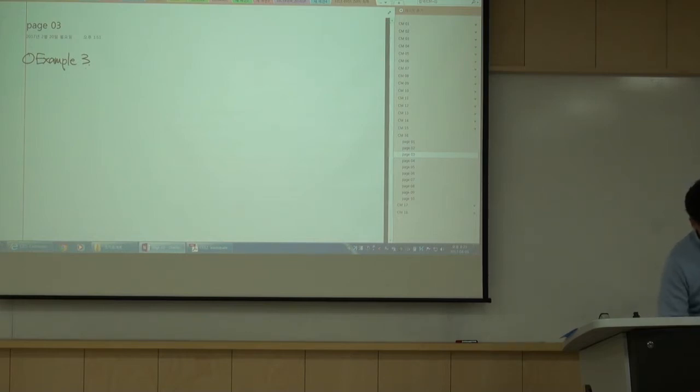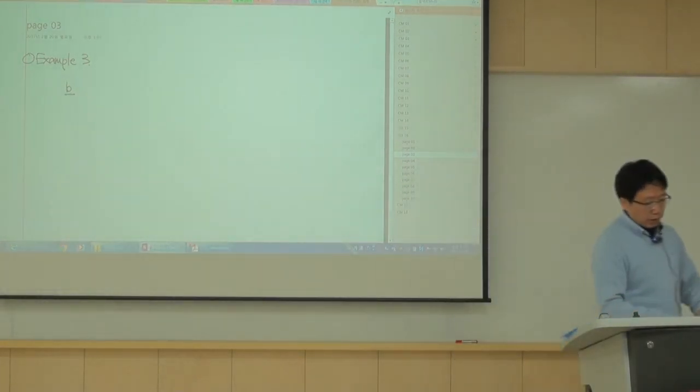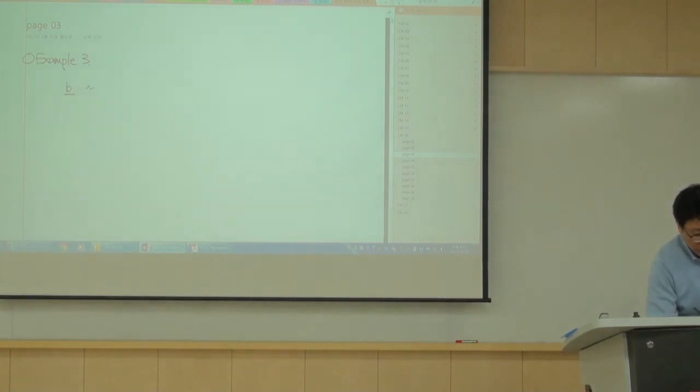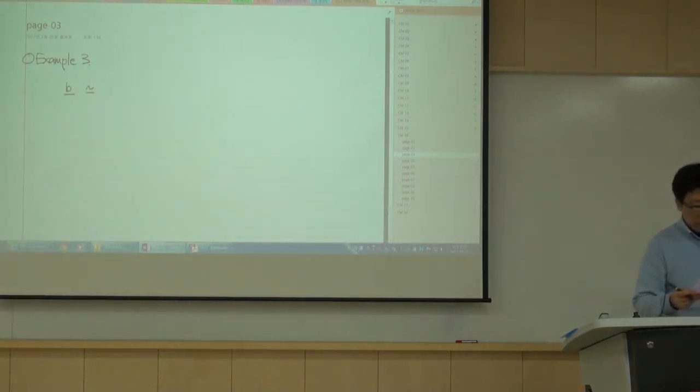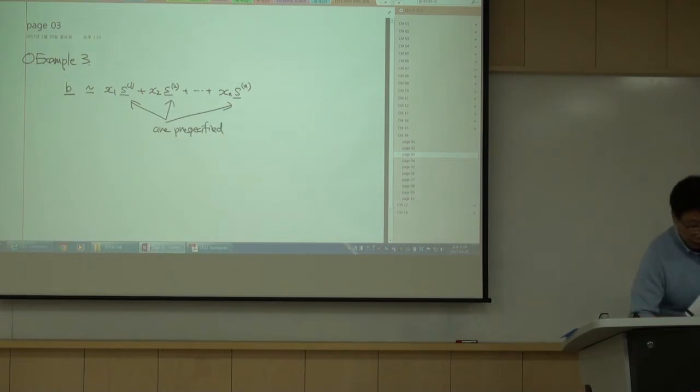So again, now the difference is that you are given a vector b, and what you want to do is approximate this vector using N vectors like this: x1 s1 + x2 s2 + ... + xn sn, where these s vectors are pre-specified, so given to you, and these x values are to be found.